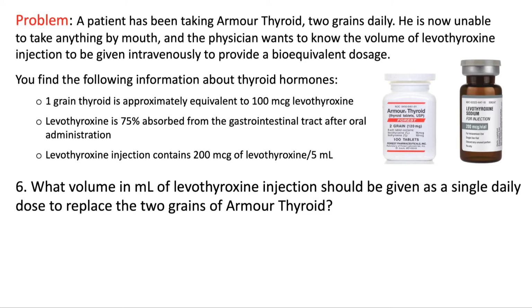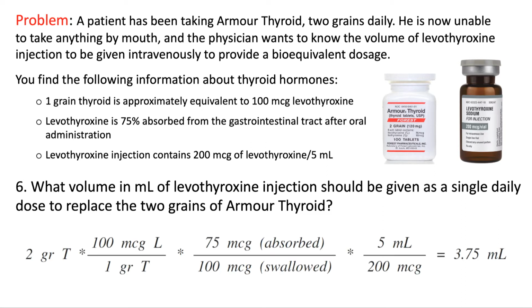In the end, what the question is asking for is what is the volume in milliliters of the levothyroxine injectable that we should use and give as a single daily dose to replace the 2 grains of Armour Thyroid. So, where do we start? Let's start at the end with what we are trying to replace. We are trying to replace what the patient had been taking every day, which is 2 grains of thyroid.